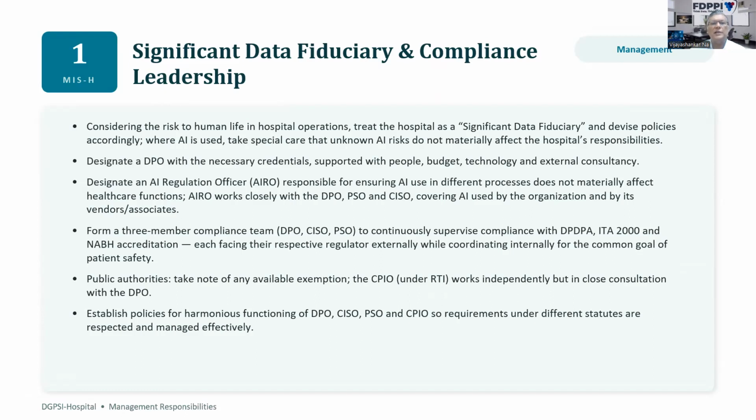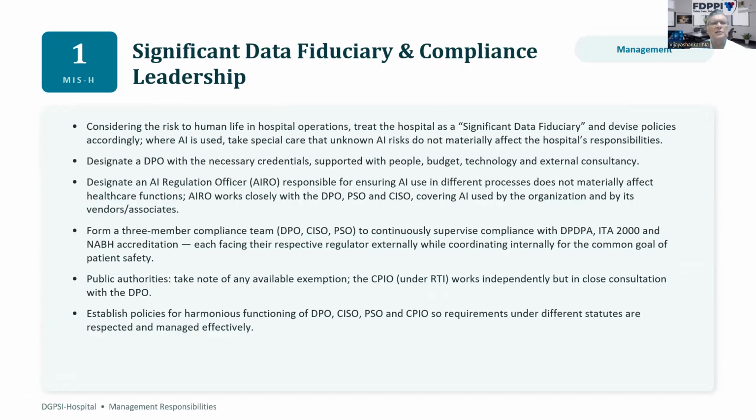Where AI is used, take special care that unknown AI risks do not materially affect the hospital's responsibilities. So we will not wait for somebody to designate a hospital as a significant data fiduciary. We will adopt it voluntarily. That is the first management step.